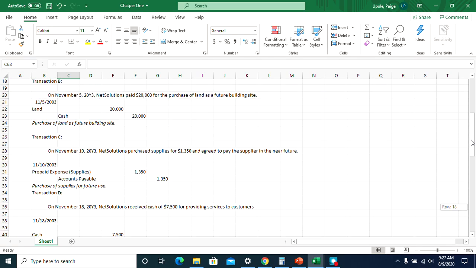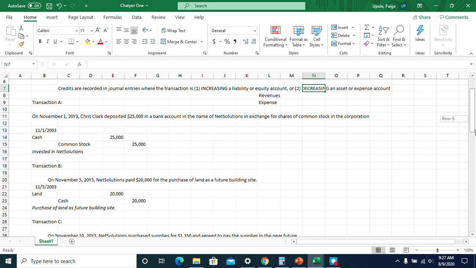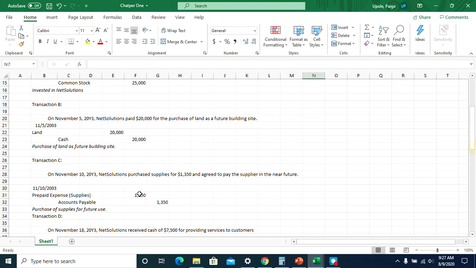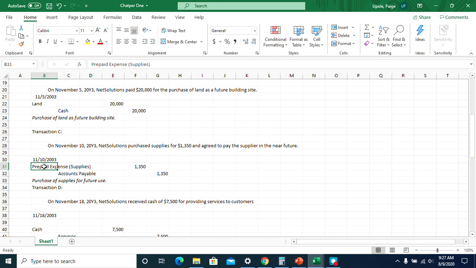Now, what's our credit? Well, if we come back up here, we know credits can be an increase of a liability or equity account. That's not our situation here. Or they can be a decrease of an asset or an expense account. Remember when we initially recorded the purchase of supplies here, in transaction C, we called it a prepaid expense. That's an asset. We haven't yet used it. Now we've used it. So we had this much, and we need to credit it now.